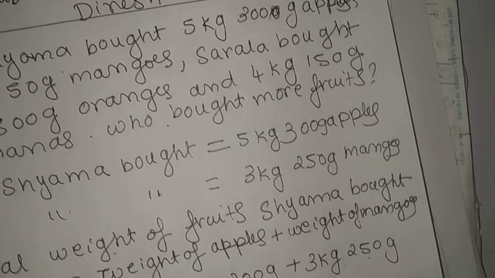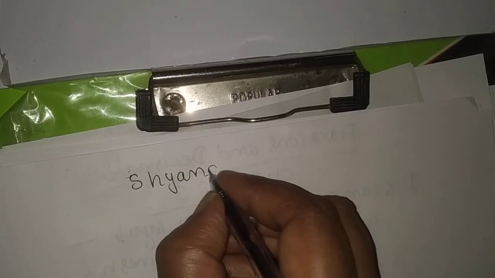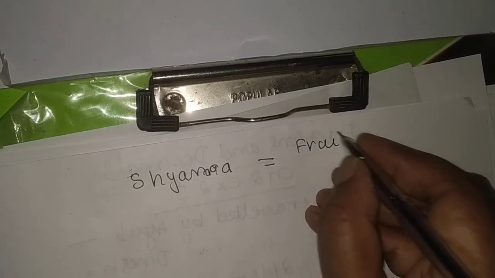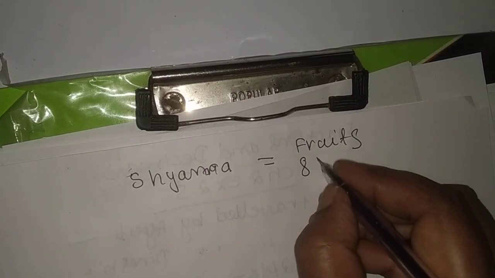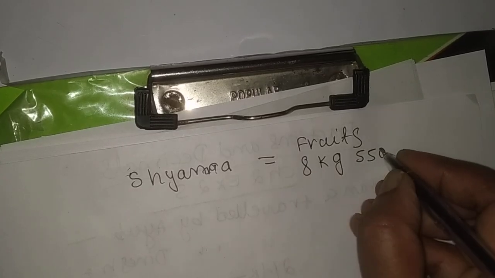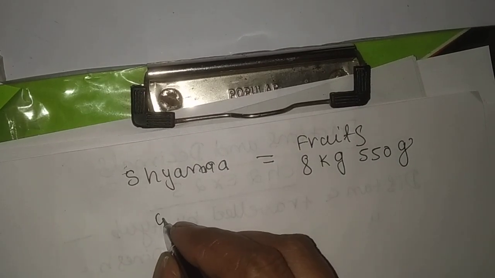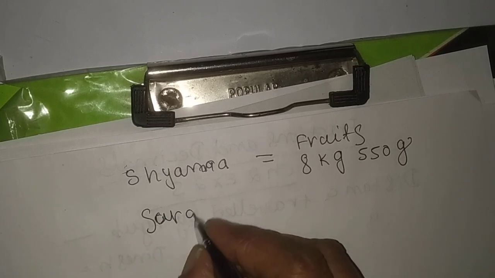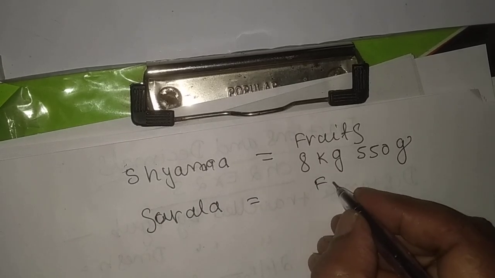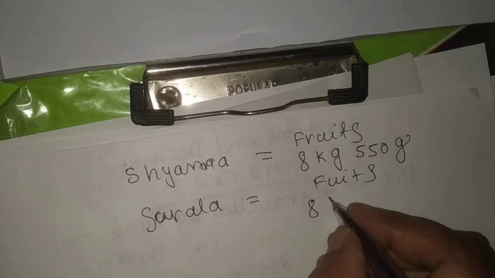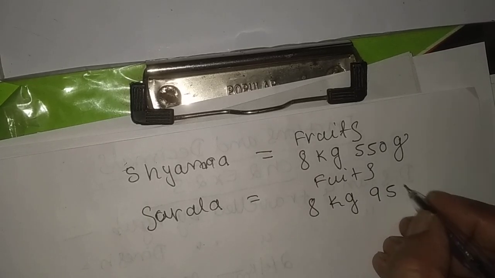Now we have to compare. What is the question? Who bought more fruits? So finally, comparing these two: Shama's fruits is equal to 8 kg 550 grams, and Sarla's fruits is 8 kg 950 grams.